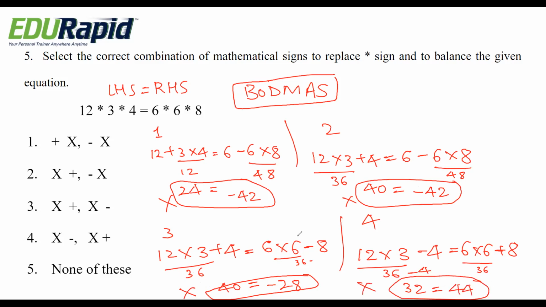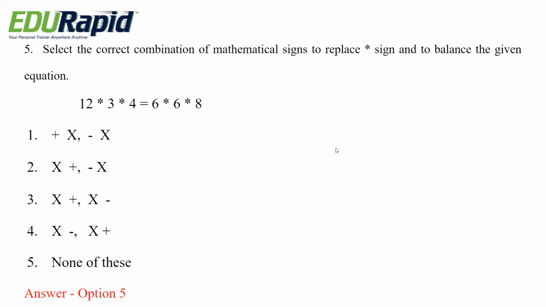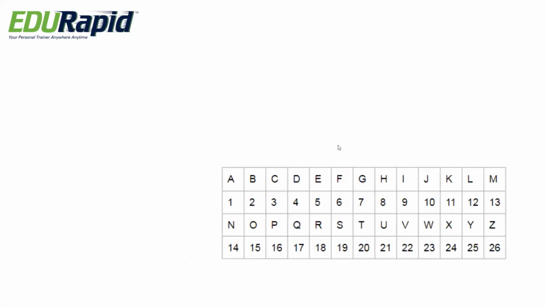So here none of these is the right answer because all these four conditions are not satisfied. LHS is not equal to RHS. So the right answer is option 5, none of this.